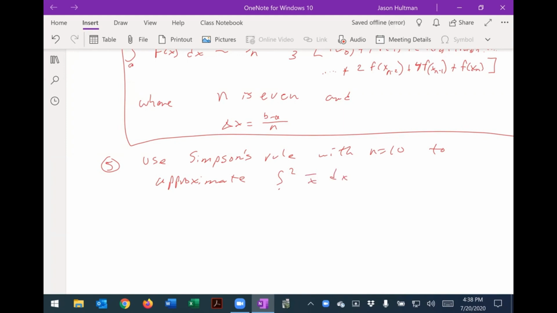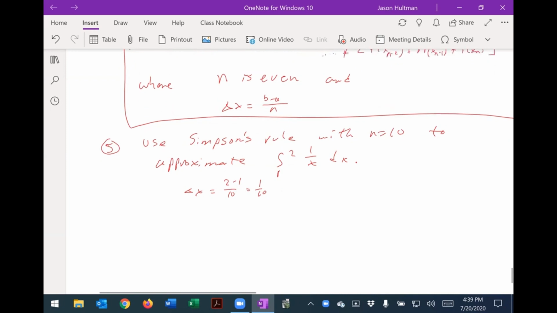So delta x in this case is going to be equal to b minus a over n, right? So this is going to be 2 minus 1 over 10, which is 1/10. So these are going to be in 0.1s.